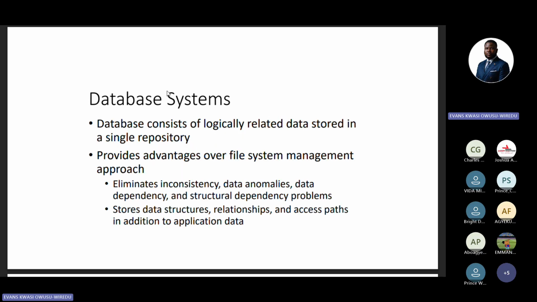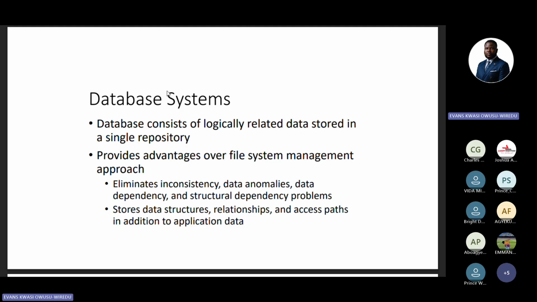So now let's look at the system itself. We've looked at the database. We've looked at data, its conversion into information, what happens in between at the back end. We've looked at how the systems interact with users and so on. So now let's look at the database in detail.